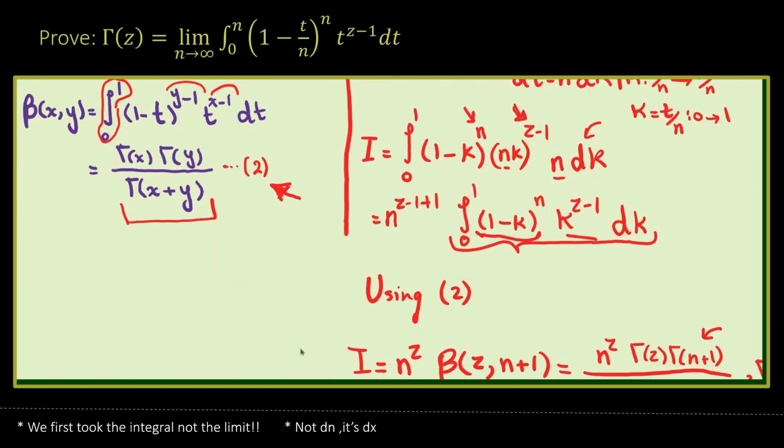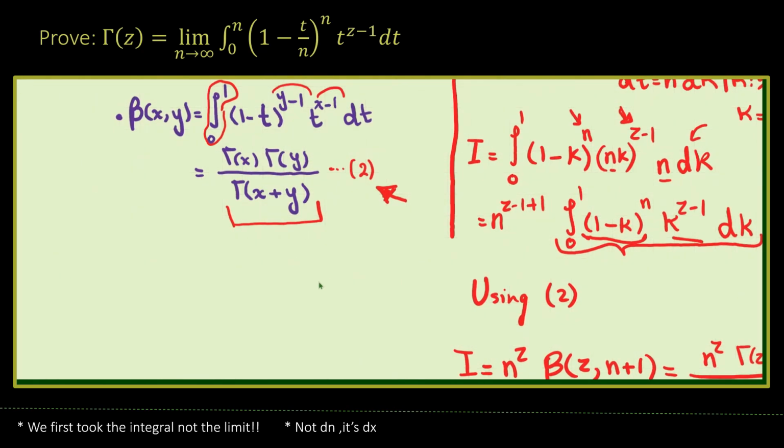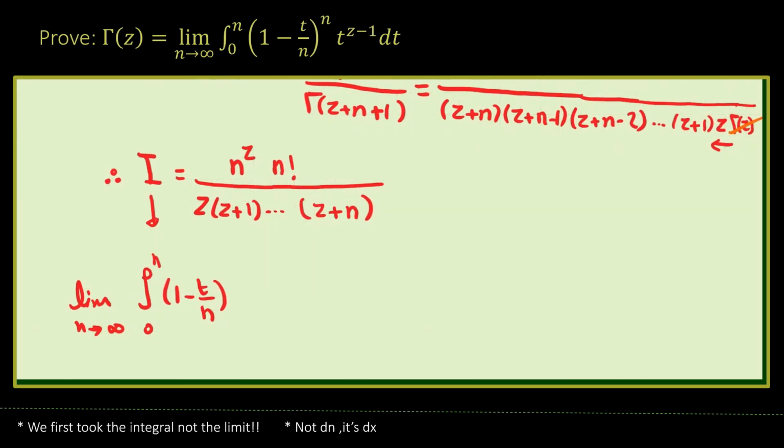Okay, so if we take the limit for both sides, limit n approaches infinity to the integration, let's write it explicitly, from 0 to n of (1 minus t over n) raised to n, t raised to z minus 1 dt.